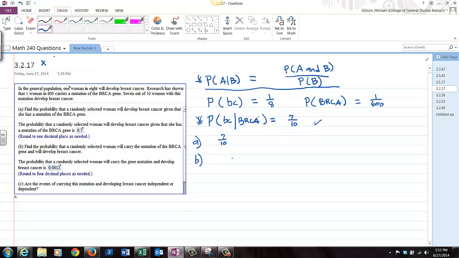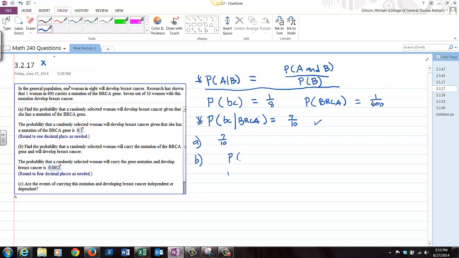Find the probability that a randomly selected woman will carry the mutation of the BRCA gene and will develop breast cancer. Alright, so our equation here has all the information we need, so I'm going to go ahead and write it down.